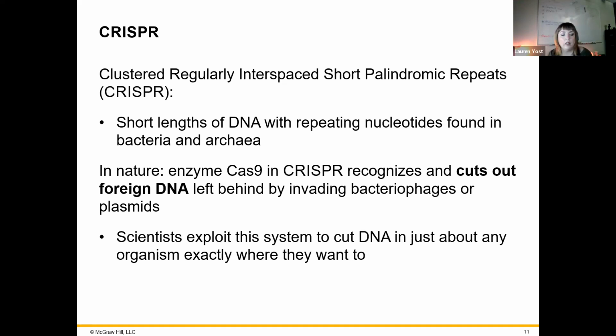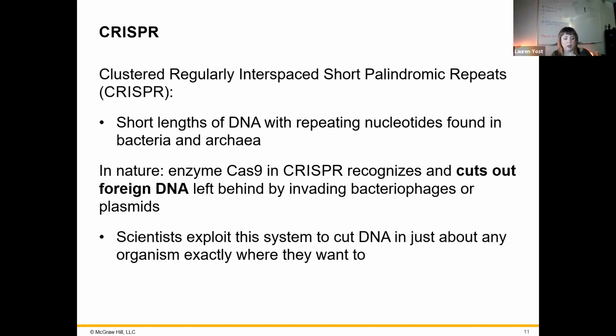And then normally the enzyme in that group of genes, so Cas9 in the CRISPR region, will cut out foreign DNA, typically left behind by invading bacteriophages or plasmids that it recognizes. And so now we can exploit that system to cut an organism pretty much very specifically exactly where we want to.